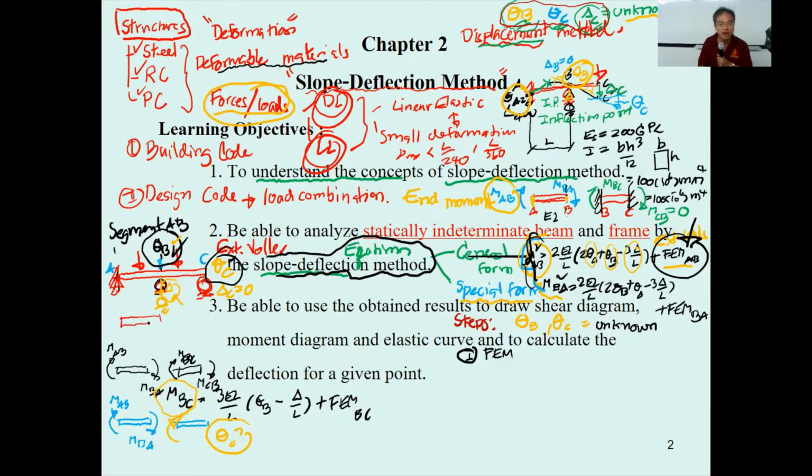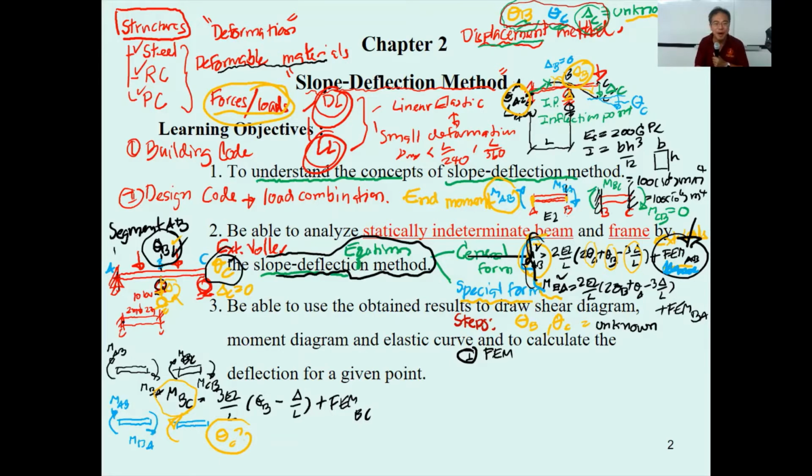Since I use the general form of the equation, this is going to be fixed, and this is going to be fixed. Let this load be 10 kilonewton. This is going to be, let's say, 2 meter, and this is 2 meter. You may find the fixed end moment over here from the table in the books.